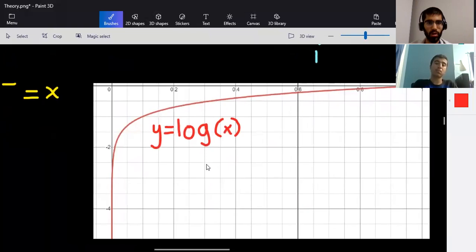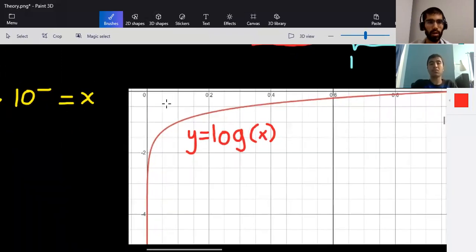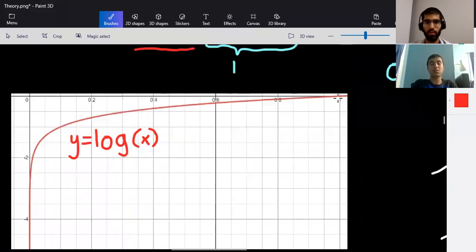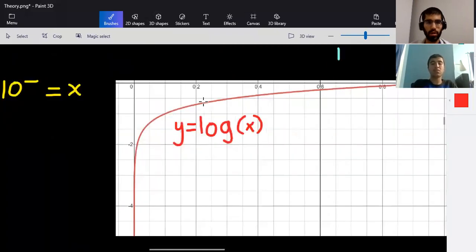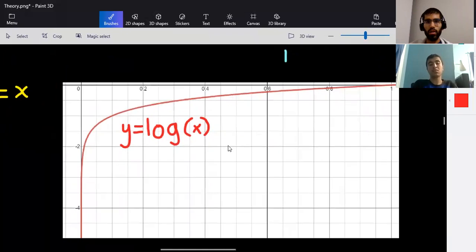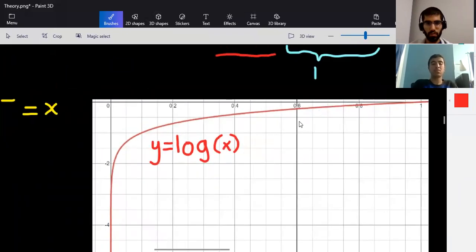All right. I'm also going to graph the log function for you, just so you get some intuition about how this formula is going to work. So y is equal to log of x, the vertical is the y-axis, horizontal is the x-axis. I'm specifically graphing this over the range 0 to 1, because the cost function is going to get predictions between 0 to 1. We're going to use it for binary. Now notice this.